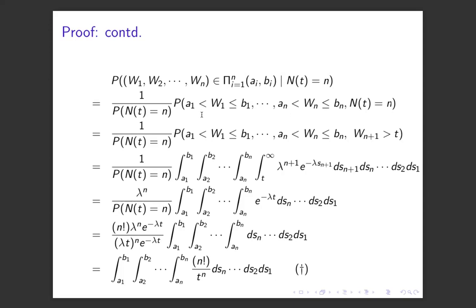So (W1, W2, ..., Wn, W(n+1)) is taking value in the event corresponding to (a1, b1) cross (a2, b2) cross ... (an, bn) cross (t, infinity).